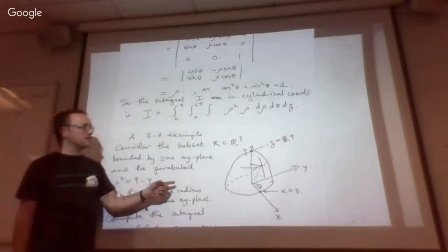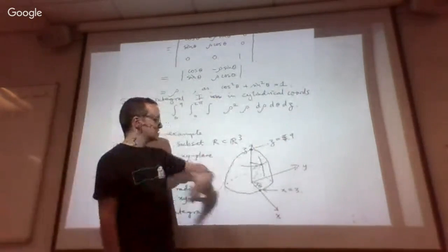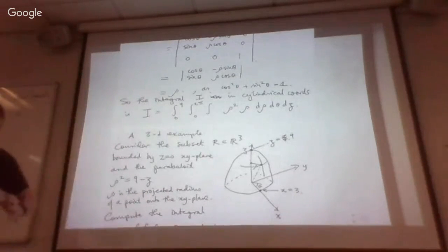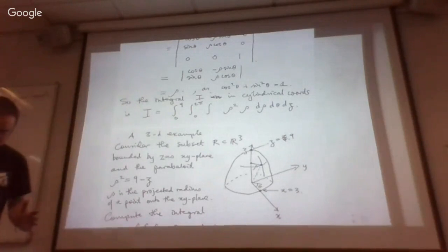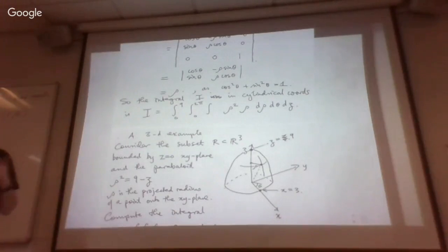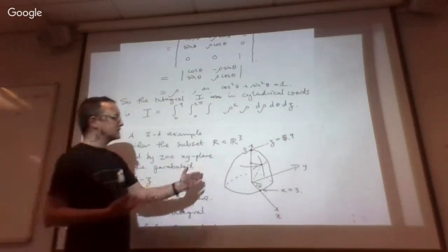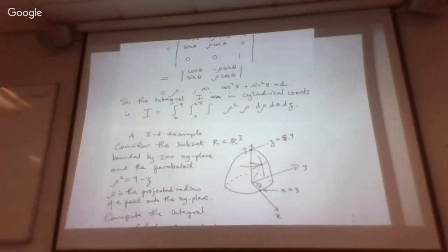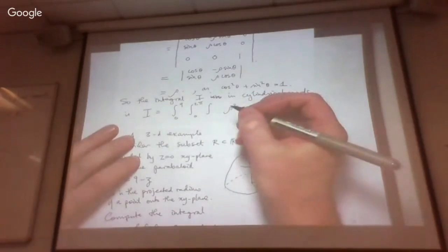There is no theta featuring in the limits for rho because it's symmetrical all the way around. Looking from above the z-axis, it has a circular cross-section, so it's the same at all angles theta. So theta won't feature, but the, what do you call it?